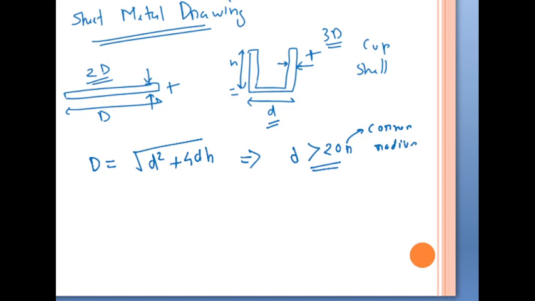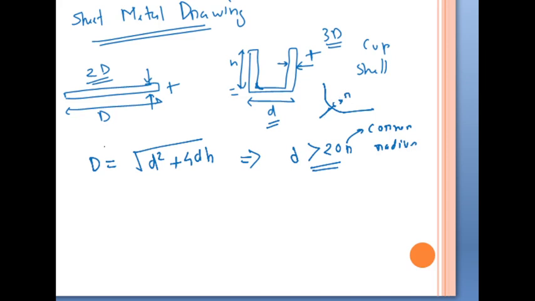That is, at the corners some radius of curvature will be achieved. Sharp corners will not be obtained. Here some radius of curvature will be there, and this will be the corner radius.